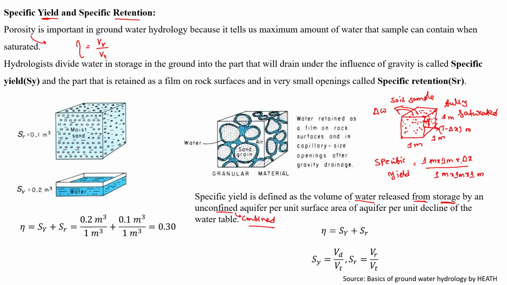Why have I used delta x? Because this much only of water we have taken out from the 1 meter by 1 meter by 1 meter aquifer sample. So in this way we can calculate the specific yield. Okay, am I clear?